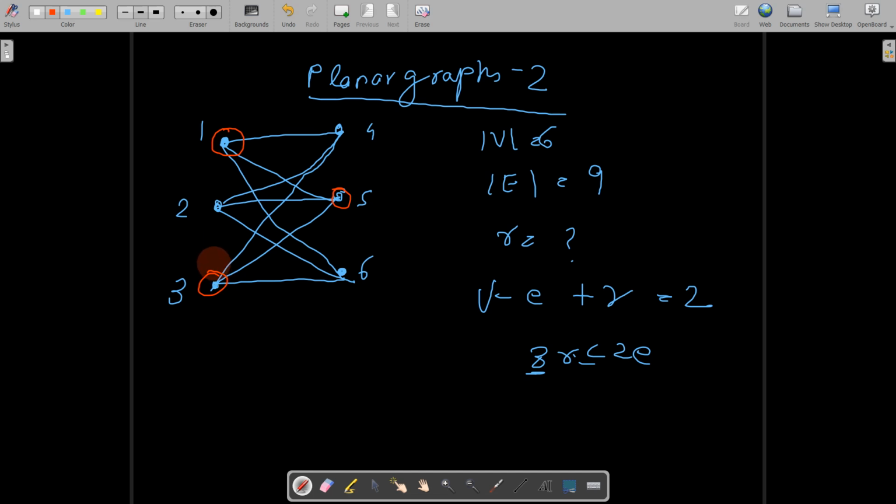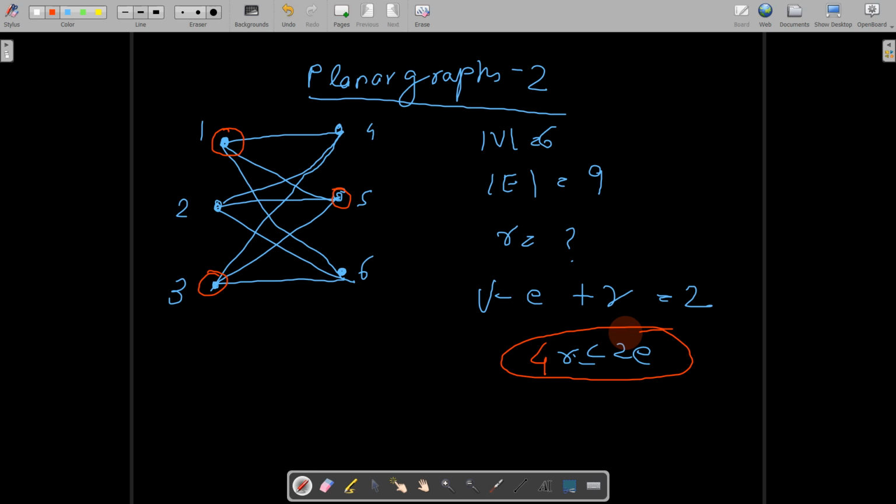So the minimum cycle has 4 edges. So this inequality does not hold here. What should the inequality be? 4r is less than or equal to 2e. You have to be careful here, always be careful which graph you are looking at.